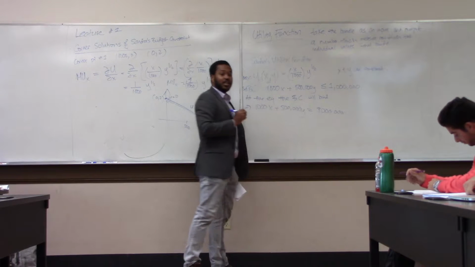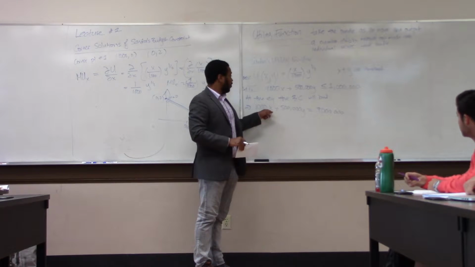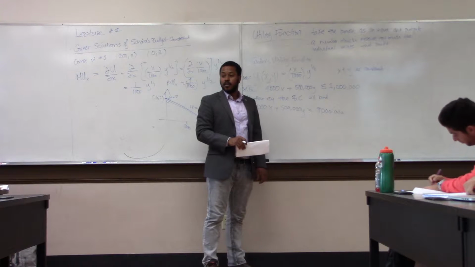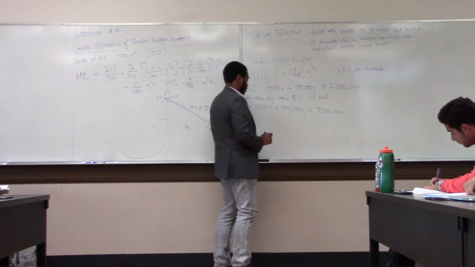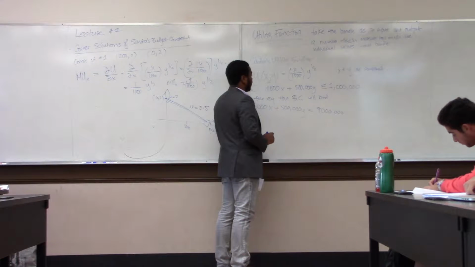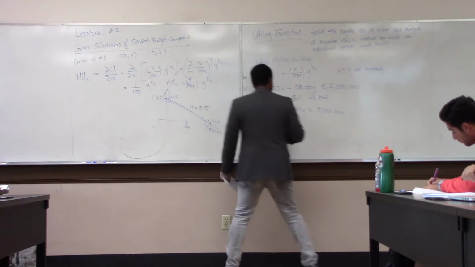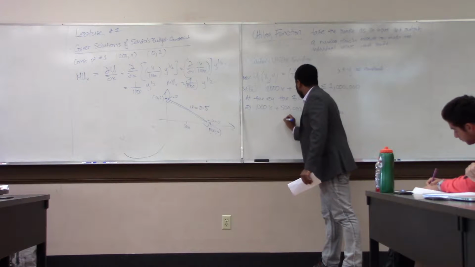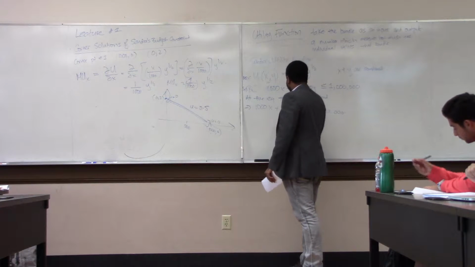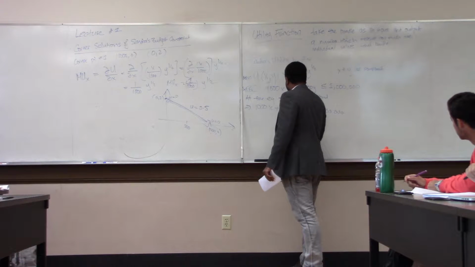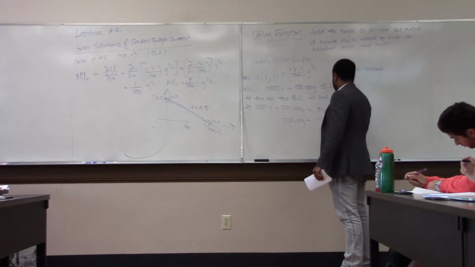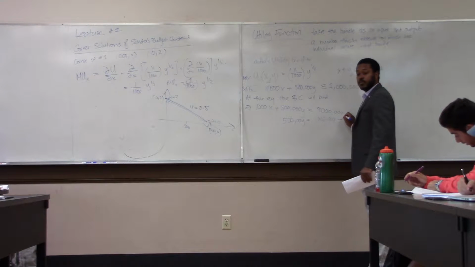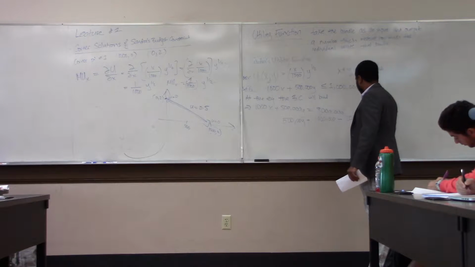Now following Forrest's suggestion, we can solve for x as a function of y, or y as a function of x. So let's solve for y as a function of x, right? So we get 500,000y is equal to 1 million minus 1,000x.